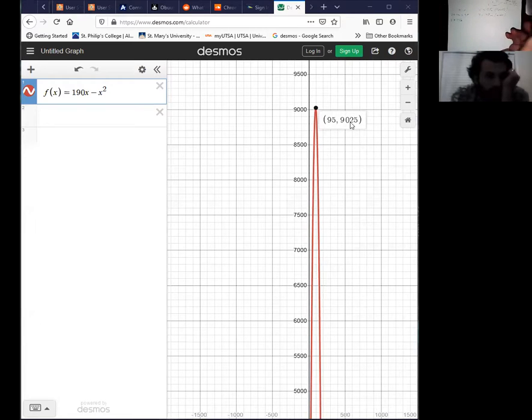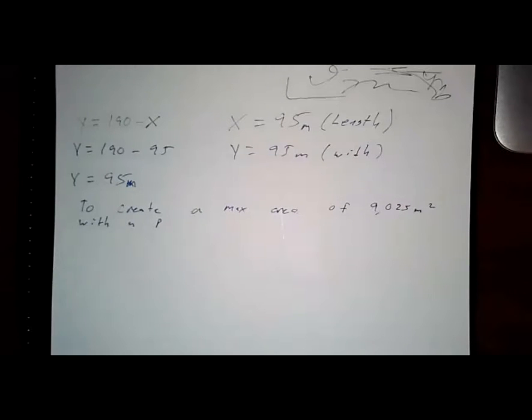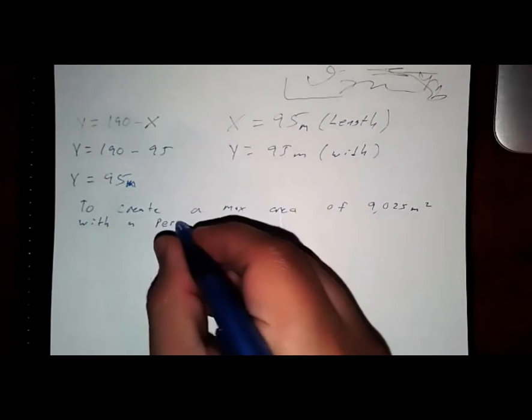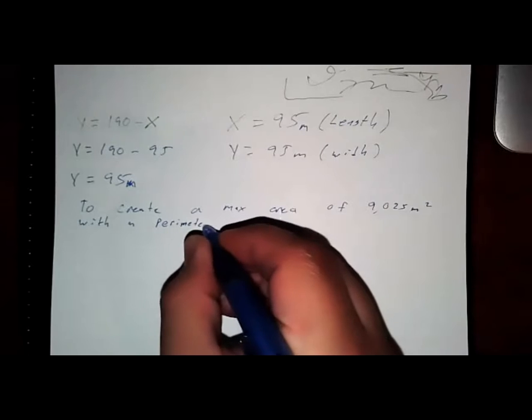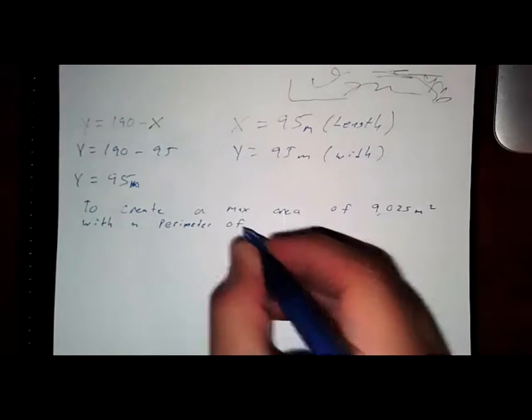They didn't ask for it, but there it is. So I'll just write it down: a max area of 9,025 meters squared with a perimeter, what was the perimeter? 300 and something.